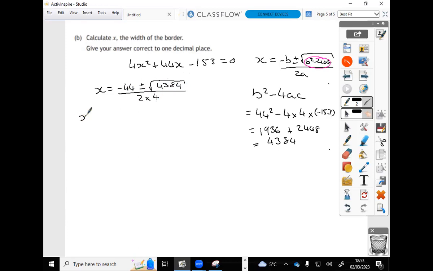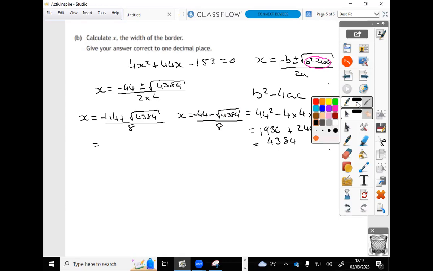I'm going to split that in 2. x equals negative 44 plus root of 4384 all over 8, and x equals negative 44 minus root 4384 all over 8. So I've got 2 expressions going at the exact same time here.